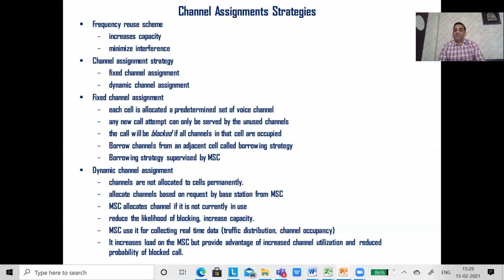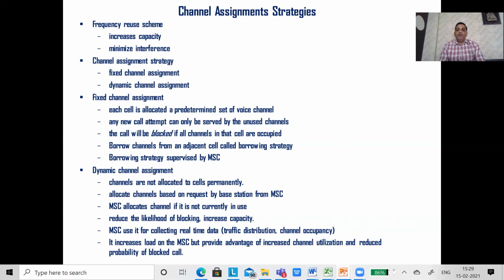So frequency reuse schemes are very important, and using the frequency reuse concept will increase the capacity as well as minimize the interference. There are basically two types of channel assignment strategy. One is called fixed channel assignment, and the other is dynamic channel assignment.